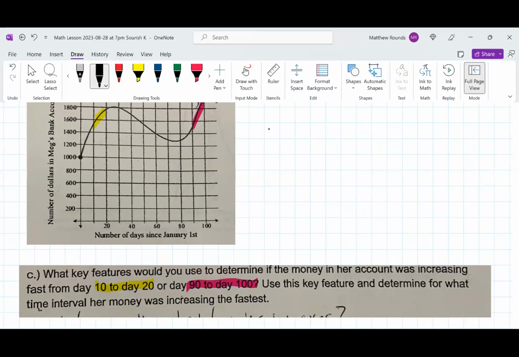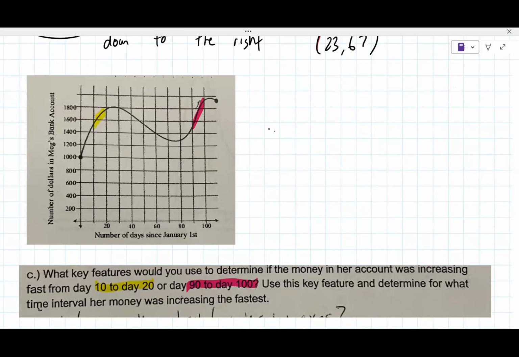So have you ever gone hiking? Hiking, I used to when I was little. Okay. So which is steeper, the yellow or the red? The idea is like which is harder to climb if you're hiking.